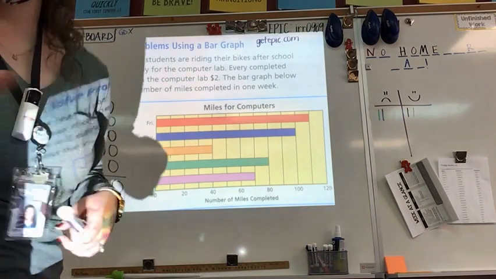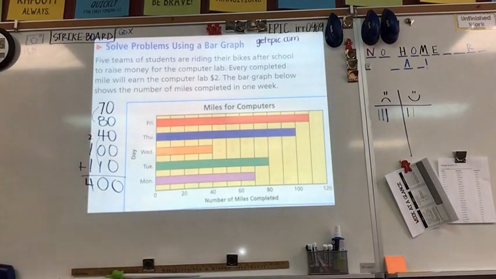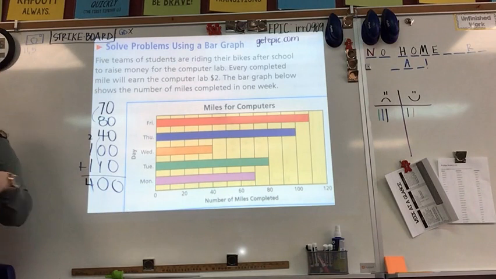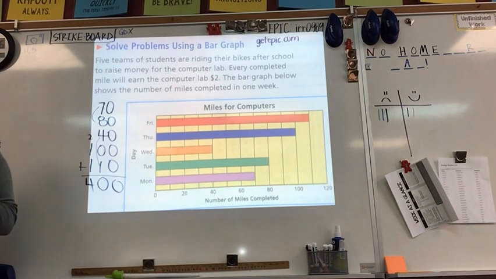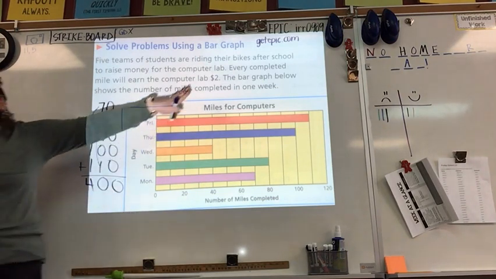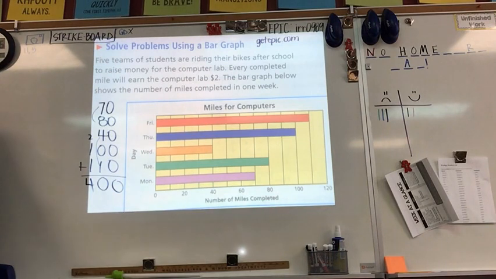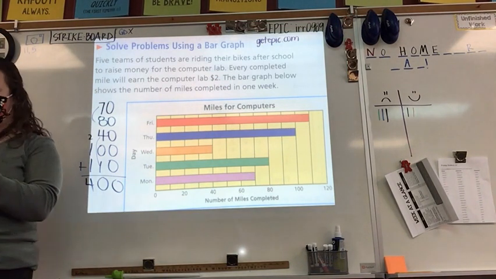This is actually an added challenge they don't have in the book. Who can tell me, if they rode 400 miles, how much money did they earn for the entire week? I better use my randomizer here. Addison, if they rode 400 miles, how much money did they earn for the whole week? $2 a mile.